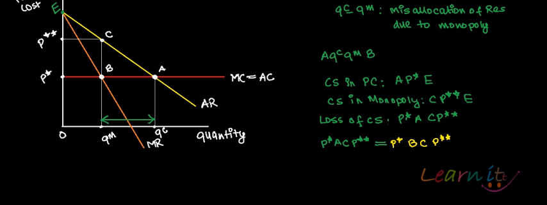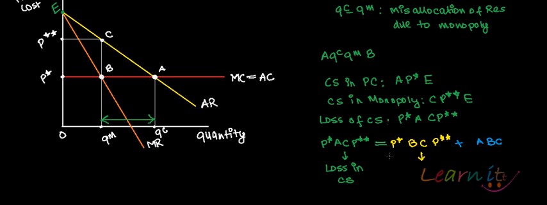This is one area, and the other area is A B C. Now, this rectangle, P star B C P double star, is the transfer of income from consumer to monopoly.